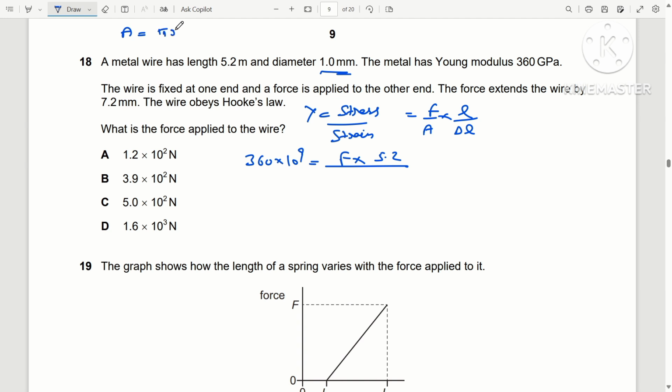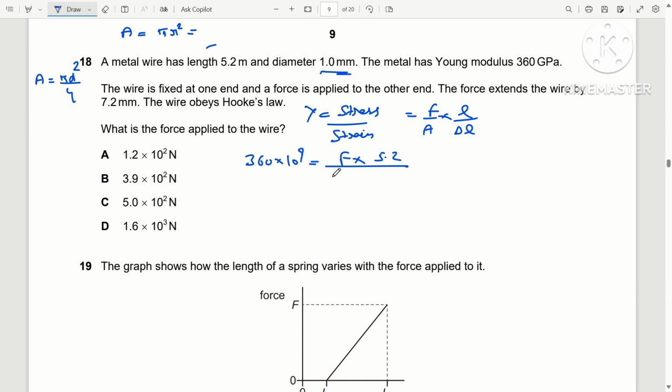So area will be pi r squared, or we can write pi d squared by 4. So we can write area as pi into d squared upon 4.